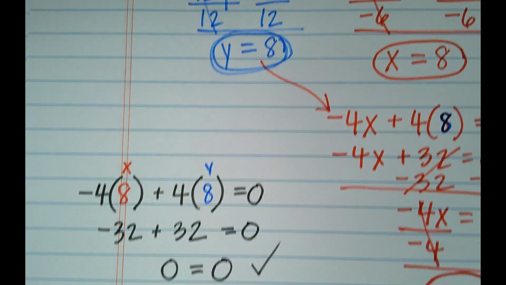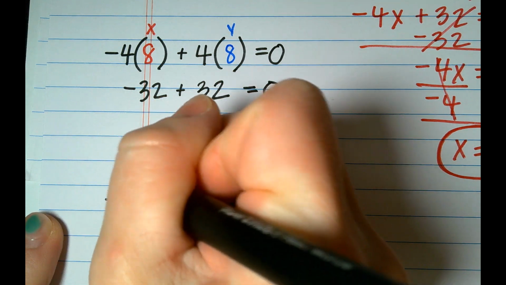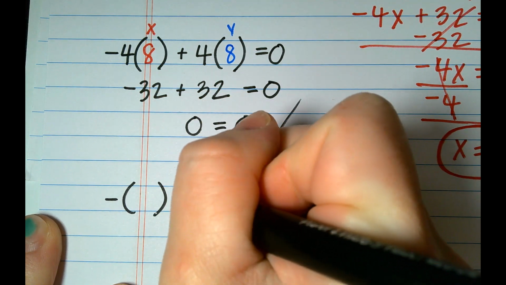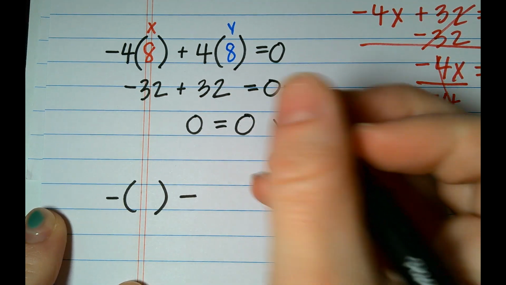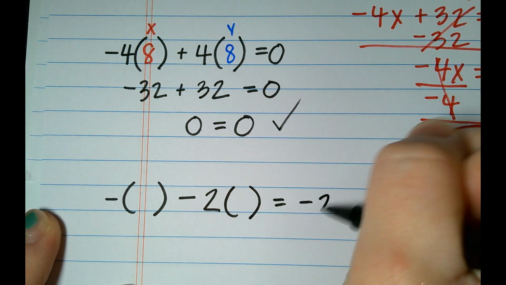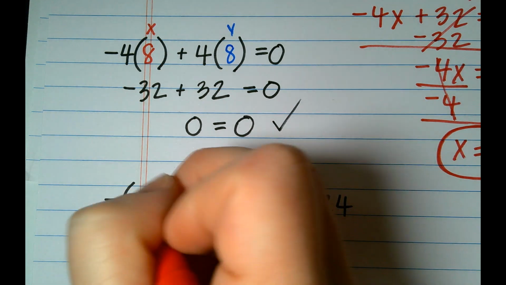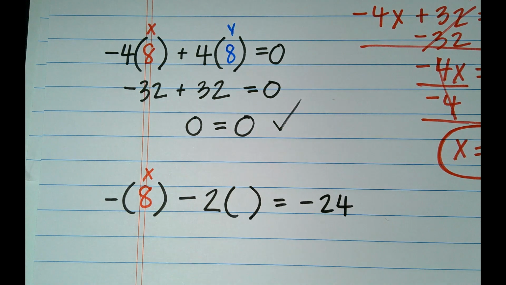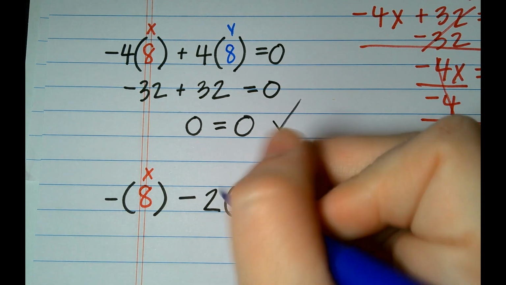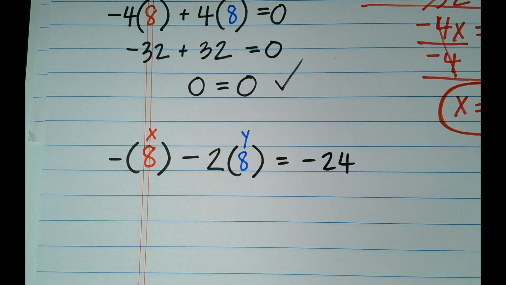We can do it with the other equation too. I'm going to write down the other one and we'll try it. Now we have negative x minus 2y equals negative 24. Let's try it. Negative x. Well, our x is 8 minus 2y. Well, our y is also 8. So let's see.